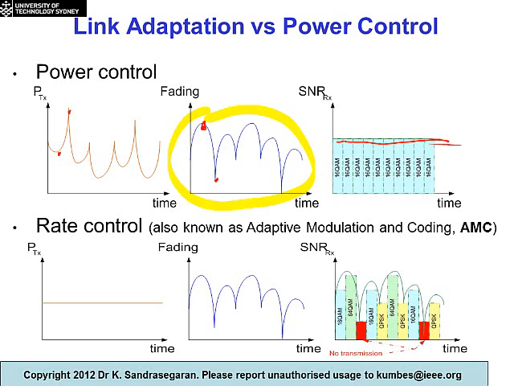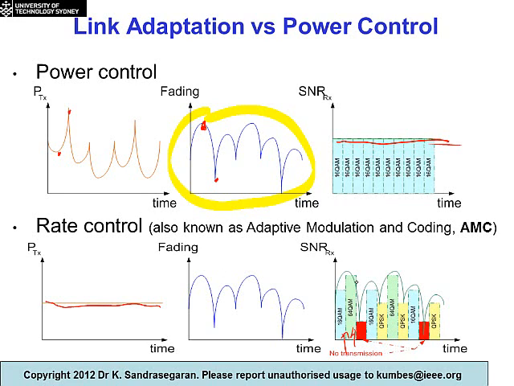Now what we do in link adaptation, which is also referred to as rate control or AMC, we keep the transmit power constant. So you can see the transmit power is kept as constant as possible, and as the channel quality goes up and down, we use different modulation schemes.